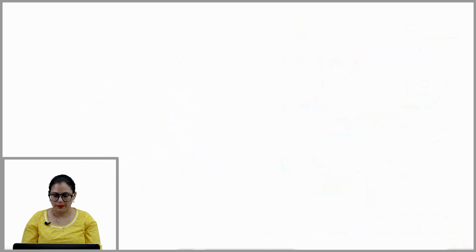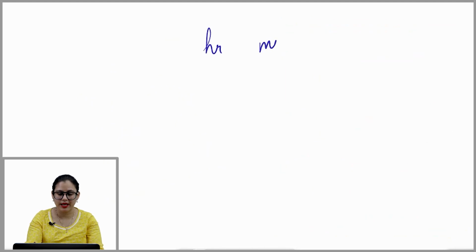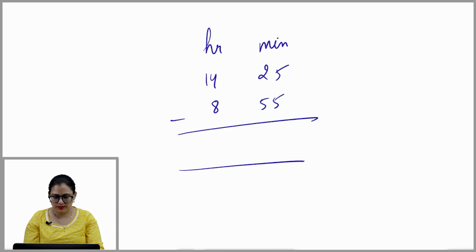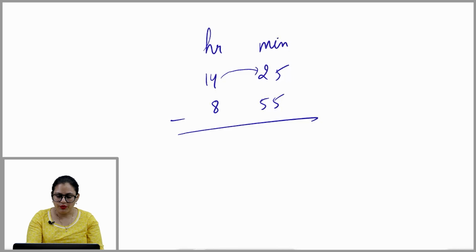Let's have a look. Hours and minutes. 14 hours 25 minutes, 8 hours 55 minutes. Can we subtract 55 minutes from 25 minutes? No. So, we will borrow 1 hour. But we need minutes. You know, 1 hour equals 60 minutes.